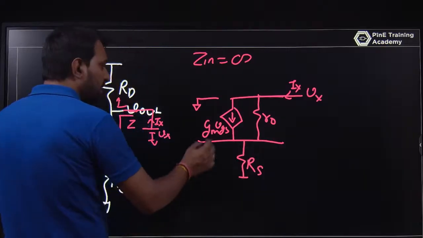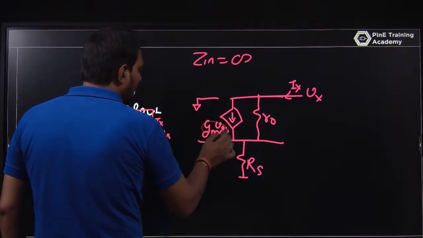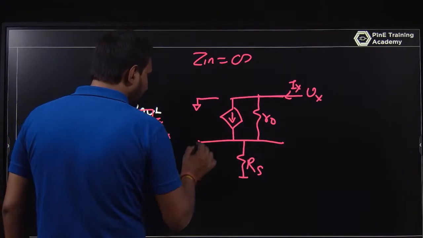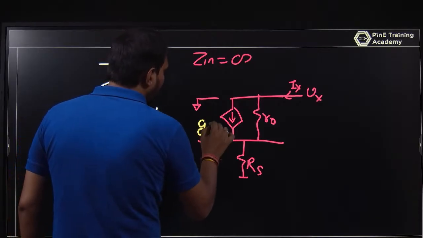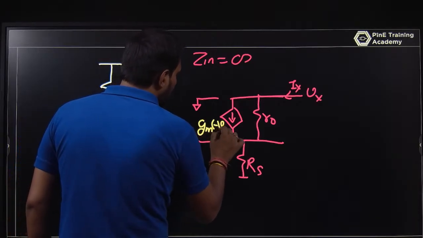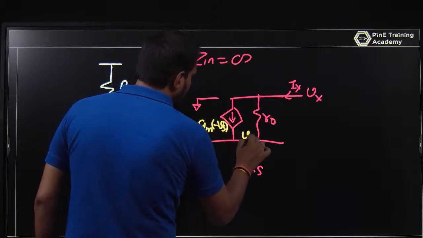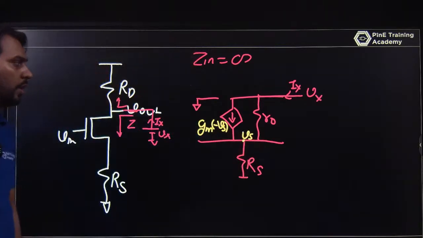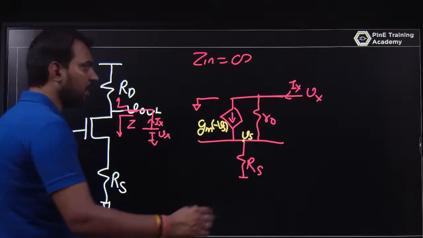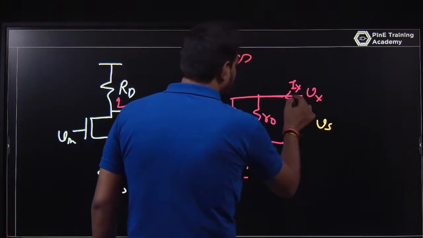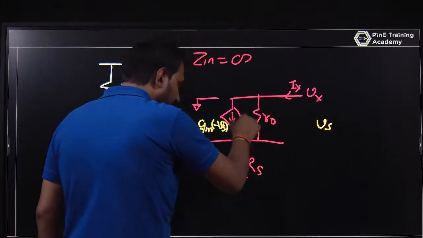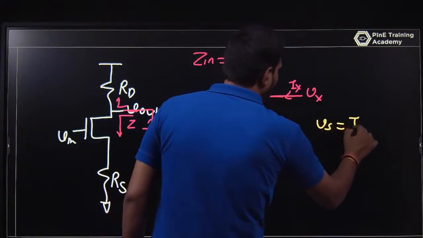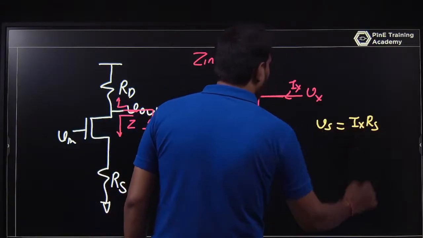So what is happening? The gate voltage is 0 and the source voltage is Vs, so VGS is minus Vs. And what is Vs? The current Ix is entering here, so Vs is Ix into Rs.